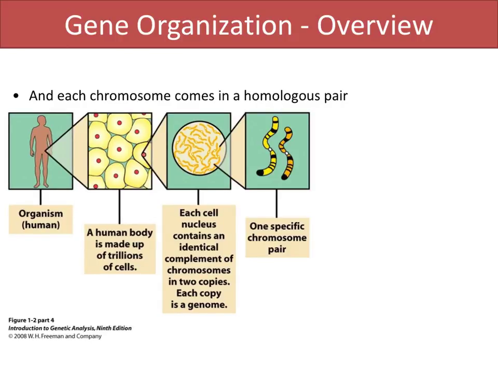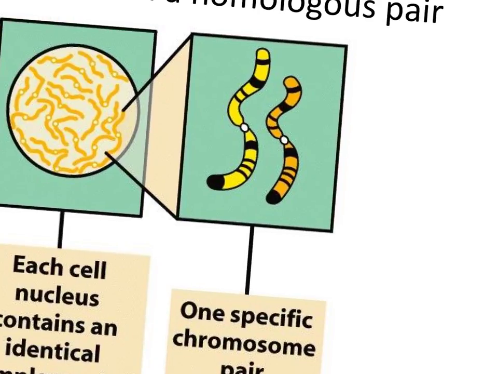And then on each chromosome, so here's a specific chromosome pair. These pairs have the same genes on them. Okay? One's from mom, one's from dad.